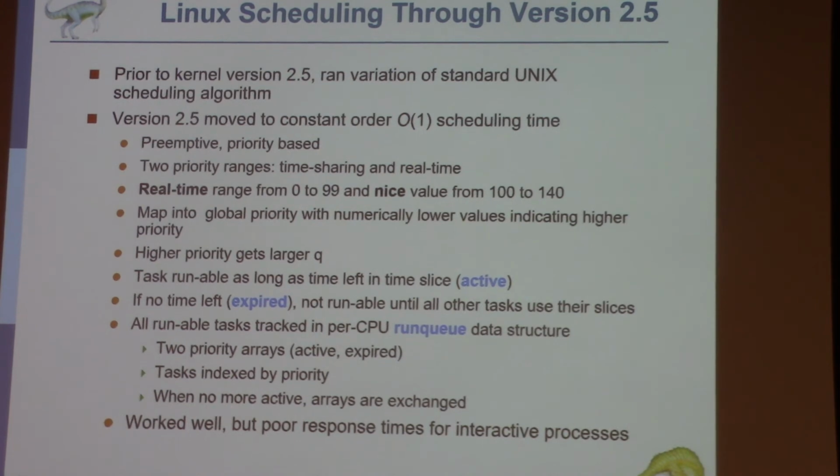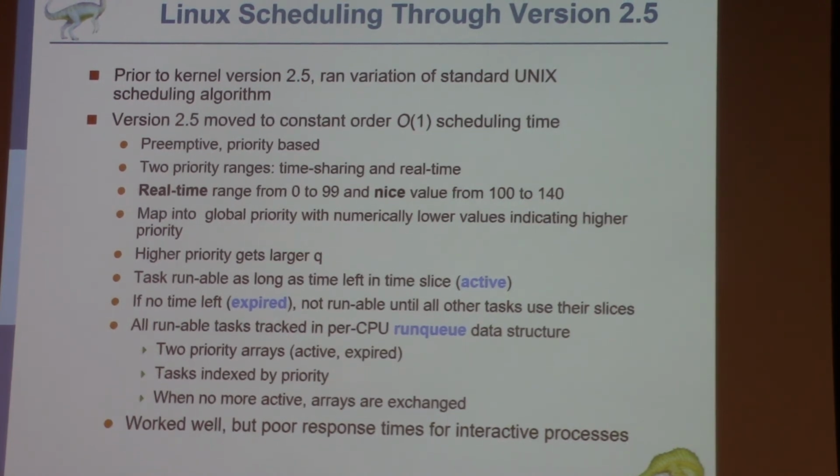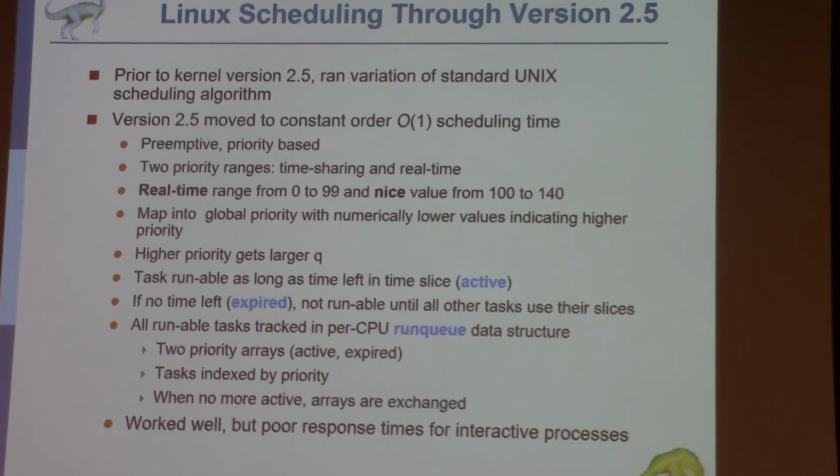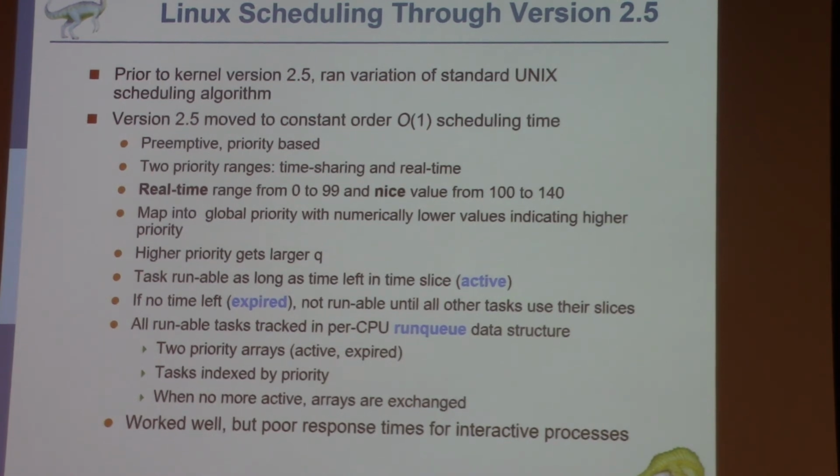Up to 2.5, they used something the same, because Unix was not a free, open source operating system. Instead, you needed to pay for the Unix operating system. So Linux is kind of mimicking the Unix system as free, open source.